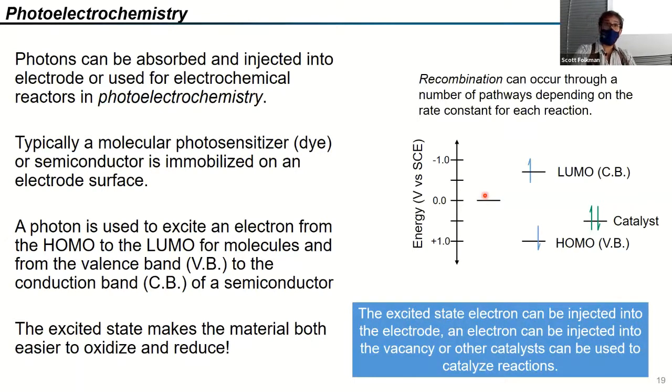One thing that we always want to avoid, and researchers are studying, is recombination pathways. And so recombination can occur, just in this example, in a number of ways.